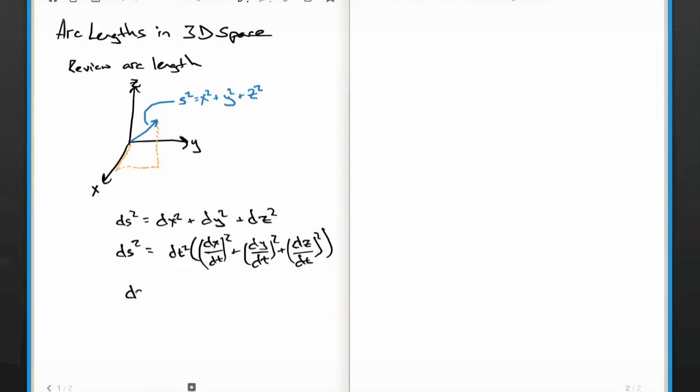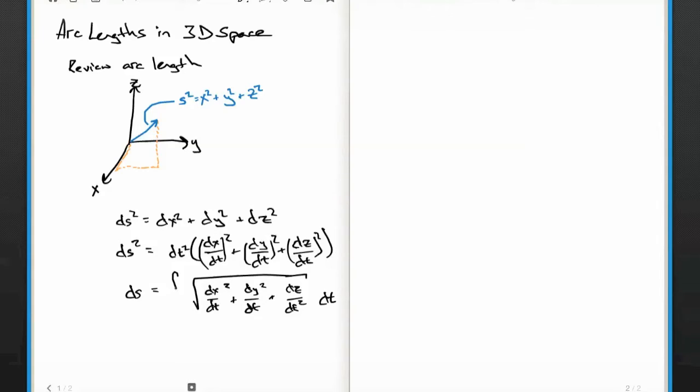And so that gives me that ds equals, oh, not the integral yet. This just becomes the square root of (dx/dt) squared plus (dy/dt) squared plus (dz/dt) squared, and then this dt I'm going to move over here, and so the square root of that is just dt.